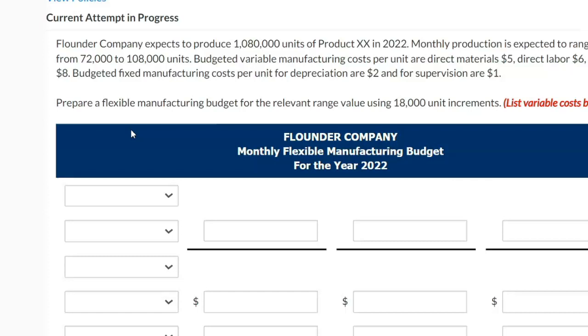Budgeted fixed manufacturing cost per unit: depreciation $2 and supervision $1. Prepare the manufacturing budget for the relevant range using 18,000 unit increments.